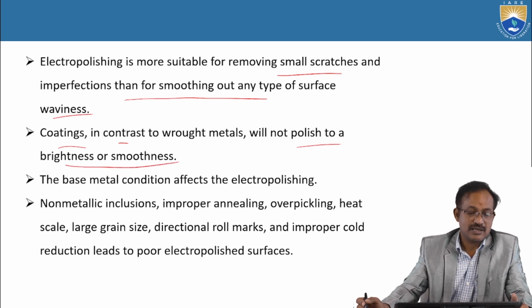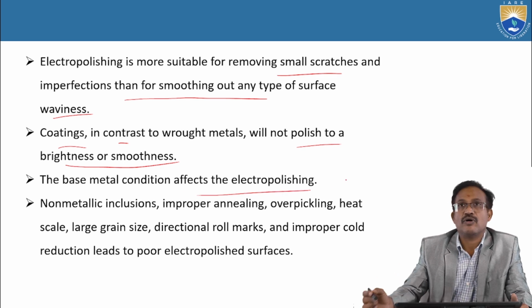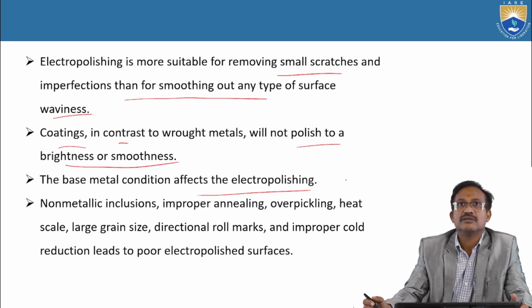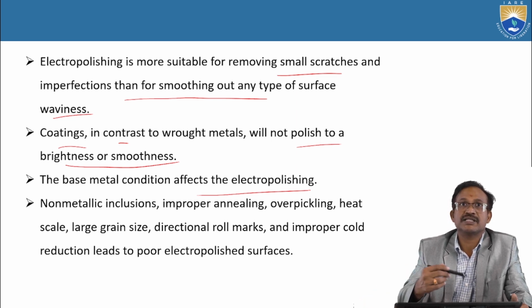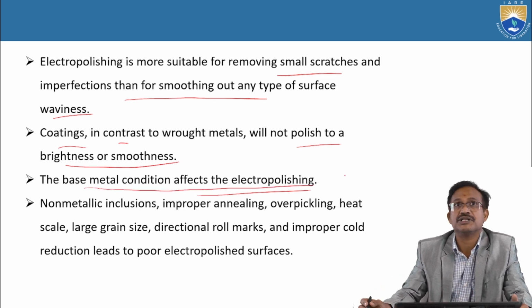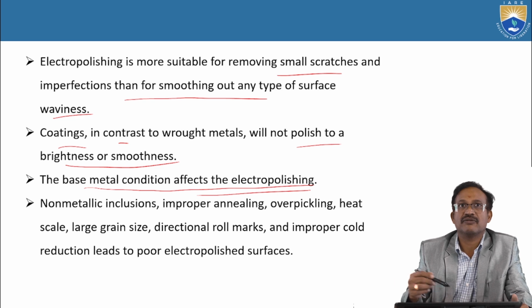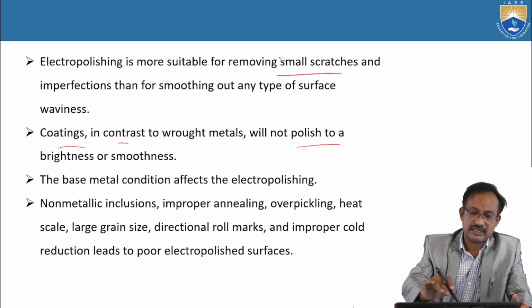The base metal condition affects the electropolishing. So after coating, definitely we feel that the substrate or base metal will be safe, but the base metal condition affects the electropolishing. So we have to make the base metal as per our electropolishing requirement.